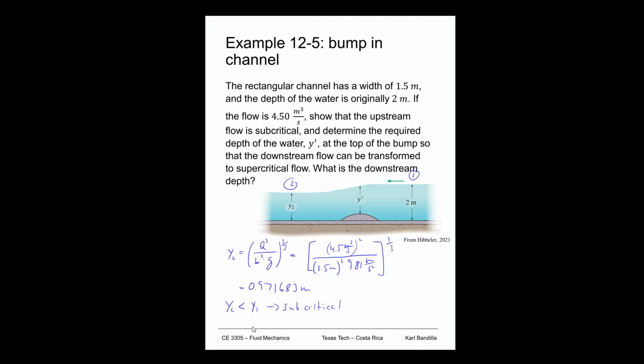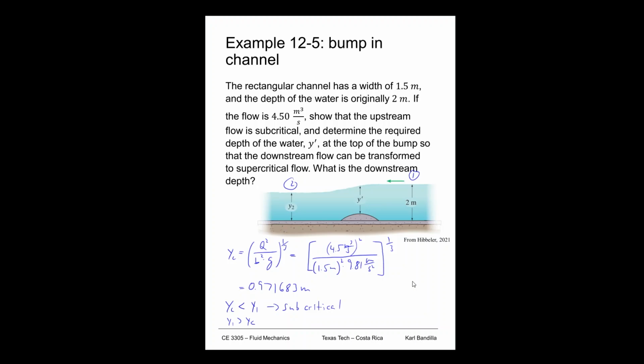Usually I write it the other way around, that's why I stumbled. Usually I would write Y1 is greater than YC, and then that way it's subcritical. But regardless, if it's larger than the critical depth, it's subcritical. If it's less, it's supercritical. All right, so that was the first question. So we did show that it is subcritical.